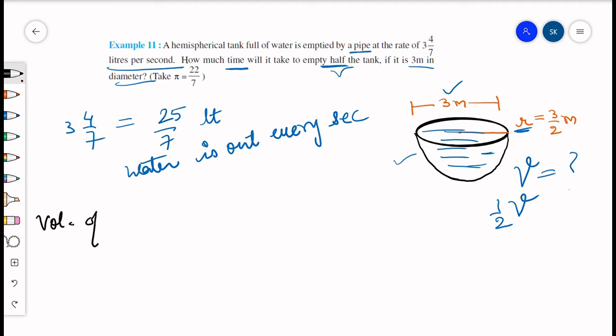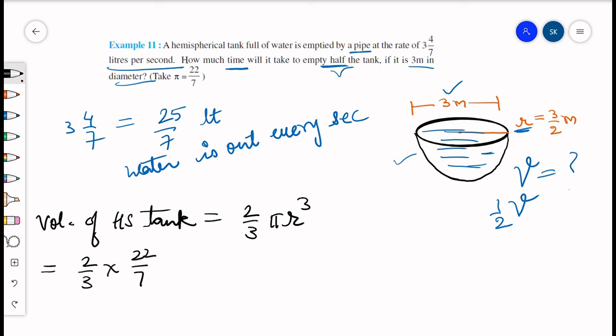Volume of this hemispherical tank, again the formula, what is it? 2 by 3 pi r cube. Now just quickly put values. It is 2 by 3 into 22 by 7. Now what is r? r is 3 by 2. So just put it here: 3 by 2 into 3 by 2 into 3 by 2.